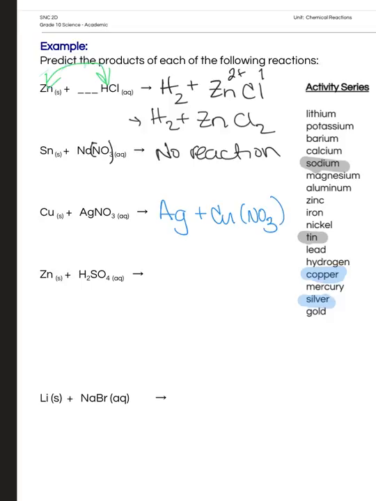And again, we're going to have to come up with our charges here. Now remember, copper can have more than one charge. So what I'm going to do here is refer back to my periodic table. So remember from before the break that nitrate, NO3, has a charge of -1. Okay, so I also know that my silver here had a charge of -1 because when I put these together, so on this side, there were no subscripts here.